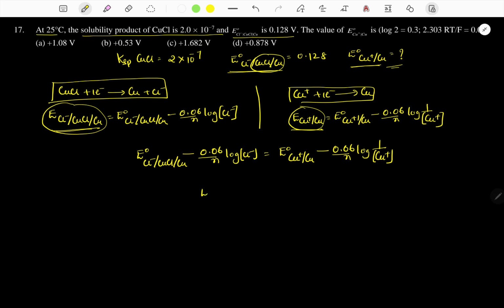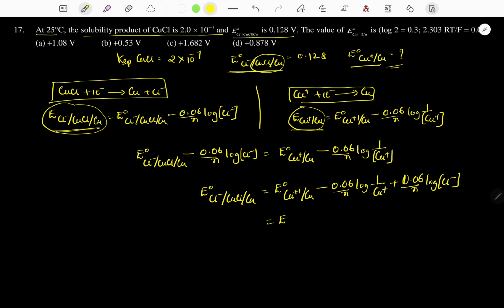Therefore E0 of Cl minus | CuCl | Cu equals E0 of Cu plus to Cu minus 0.06 by n log of 1 by Cu plus, minus 0.06 by n log of Cl minus.